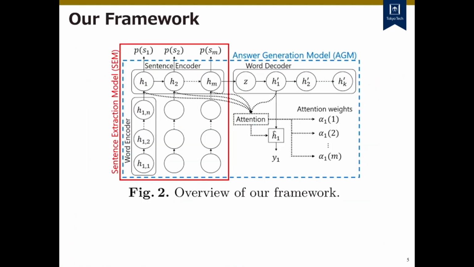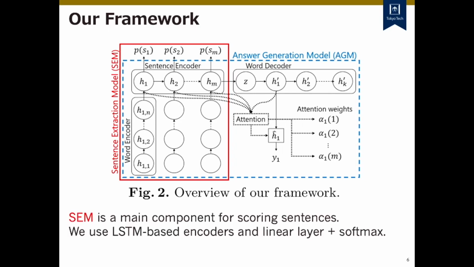This slide shows our framework to use question-answer pairs. This framework consists of two components, sentence extraction model and answer generation model. Sentence extraction model is the main component for scoring sentences. Word encoder first reads every word in a sentence and outputs sentence representations.